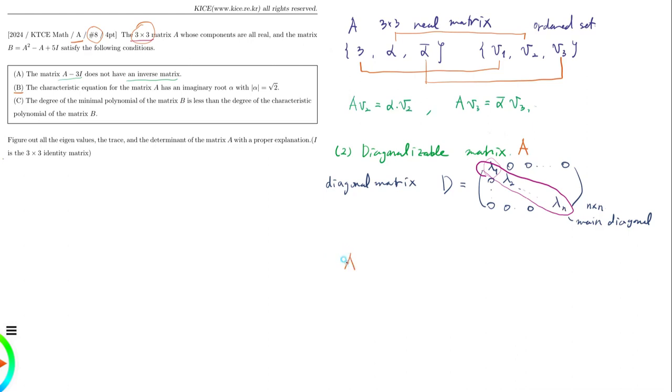By multiplying some proper invertible n by n matrix P, and P inverse on its left hand side, we can get some diagonal matrix here. And then we say this matrix A is diagonalizable.